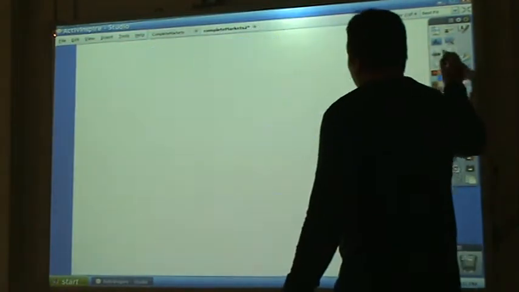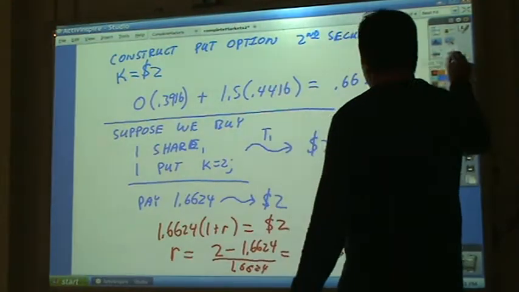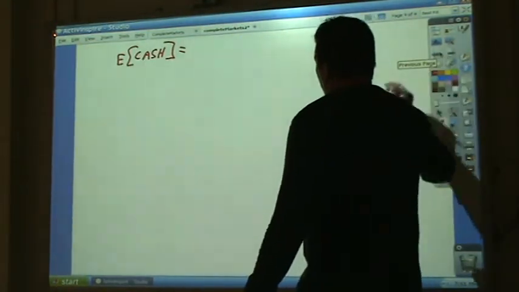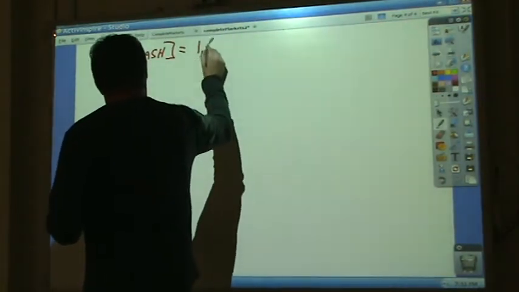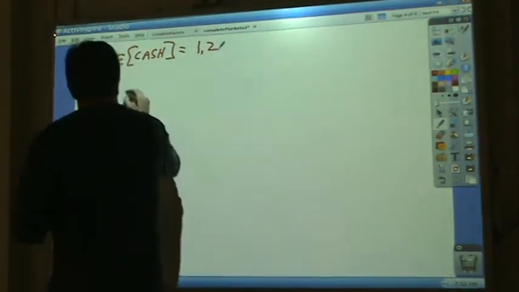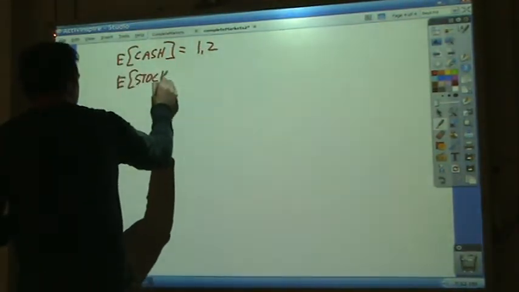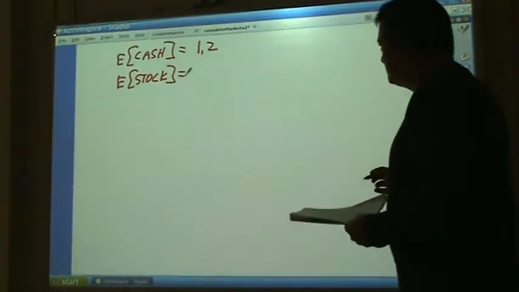So what is the expected value of the cash? That's going to be 1.2. And what is the expected value of the stock?